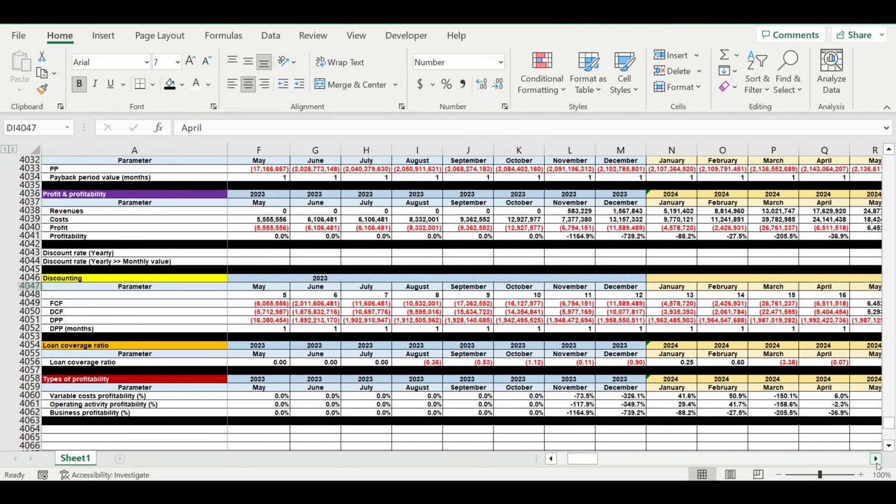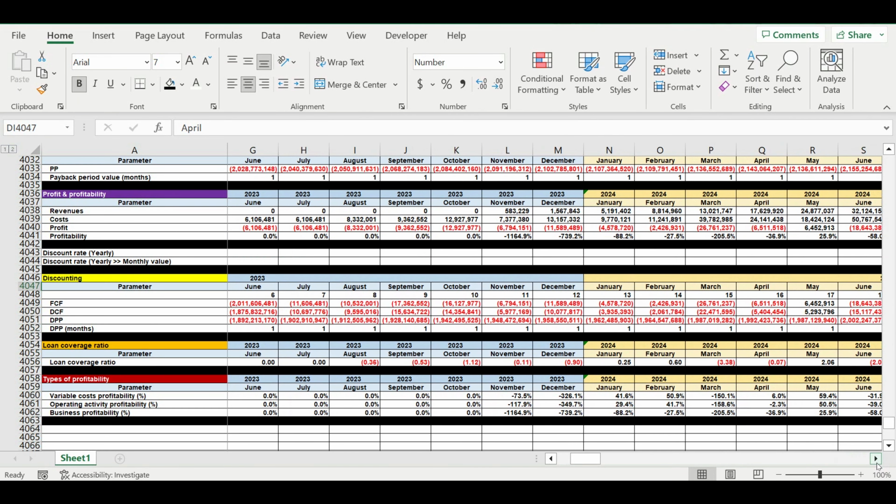So the first story, for example, let's look at February 24.